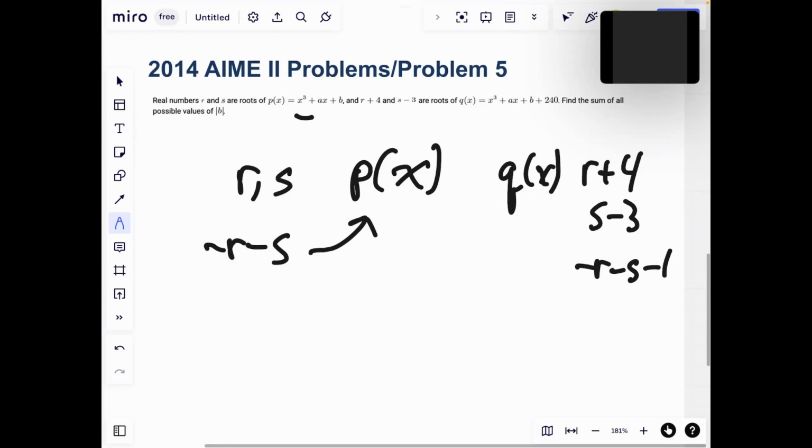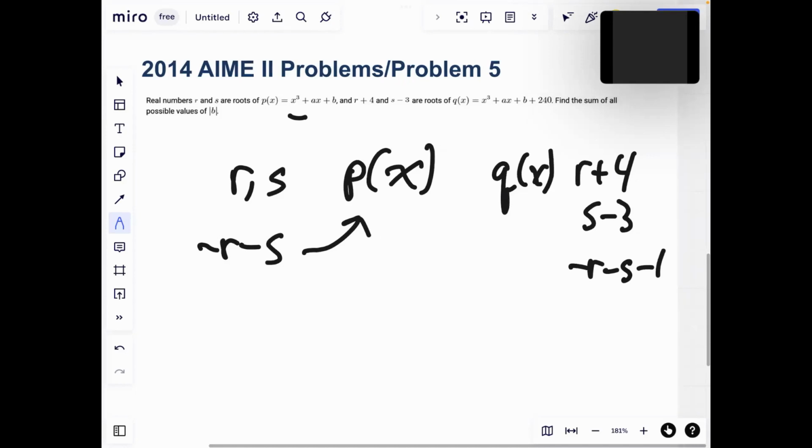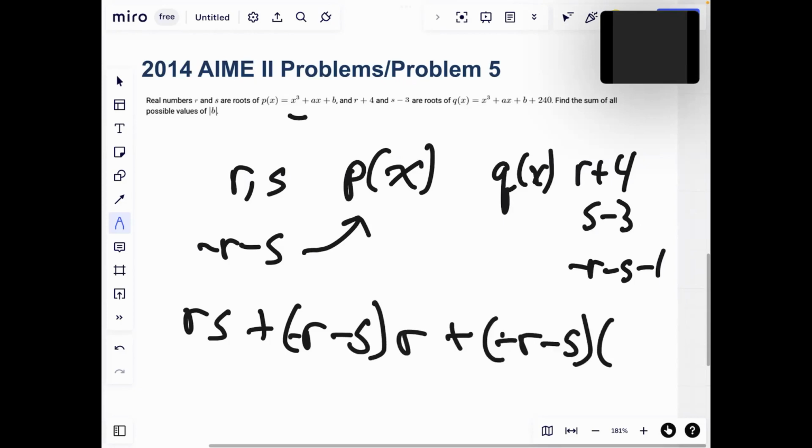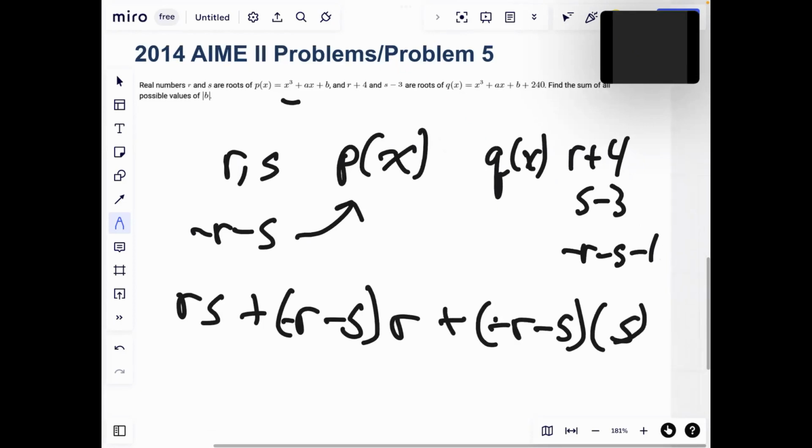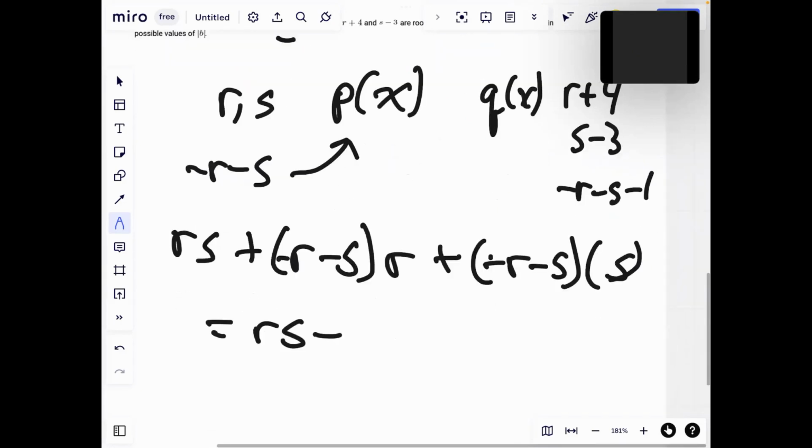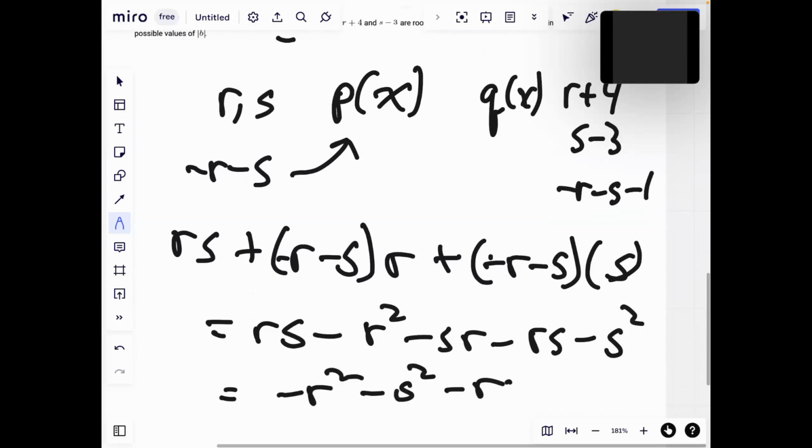For P of X, we would have RS plus negative R minus S times R plus negative R minus S times S, which is equal to RS minus R squared minus SR minus RS minus S squared, which is equal to minus R squared minus S squared minus RS.